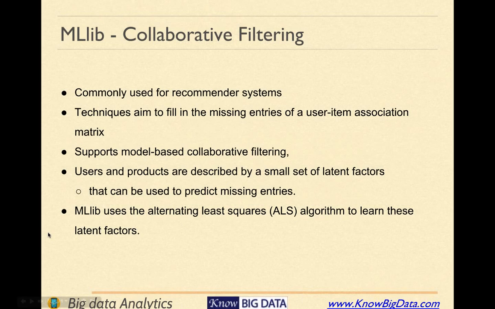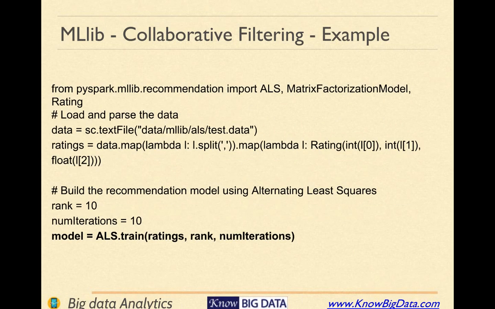A product could be a movie with this director name and this actor name, released in this year, and the genre is this. Those are the latent factors that could be used while doing collaborative filtering.